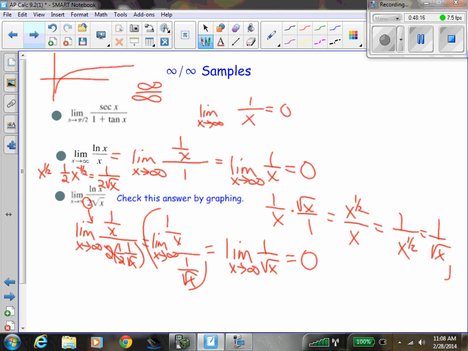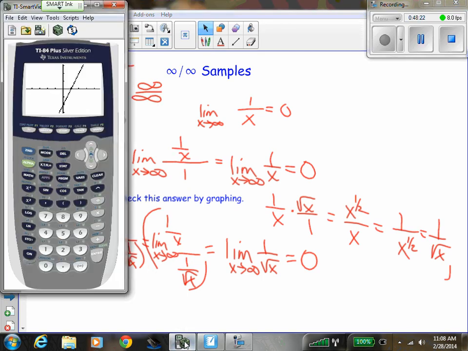Okay, now let's look at this one graphically. Let's see. I'm in parametric mode because of something we were doing here. Pre-cal. All right.